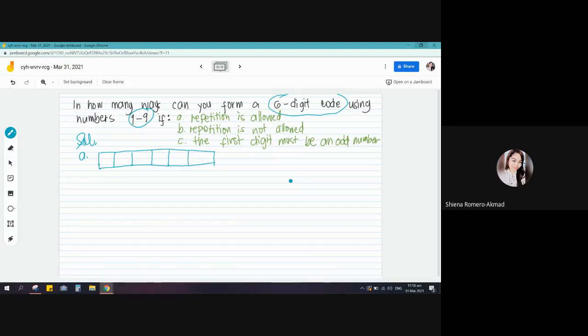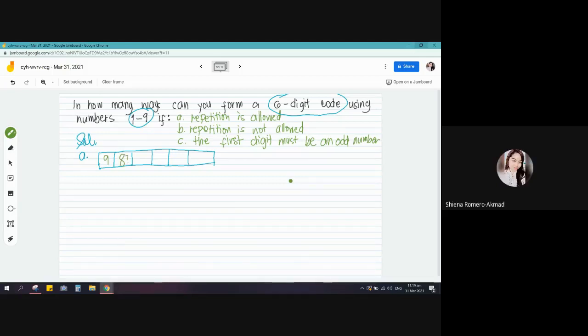Sa unang pwesto, ilang numbers yung pwede kong pagpilian? 9. Because there are 9 numbers here. Okay? Sa pangalawa, 8? Is it 8?